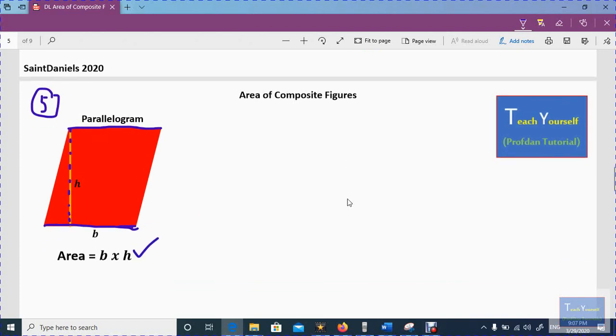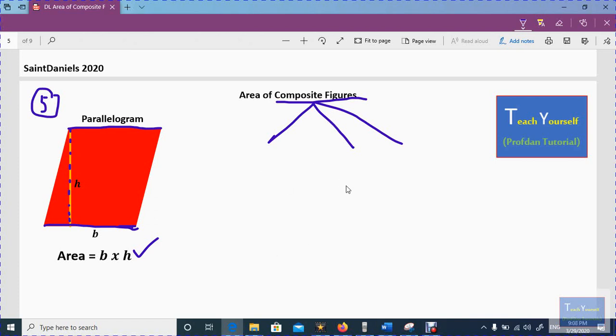Our main subject today is how to find the area of composite figures. What are composite figures? A composite figure is one that is made up of two or more figures, that is, two or more shapes.